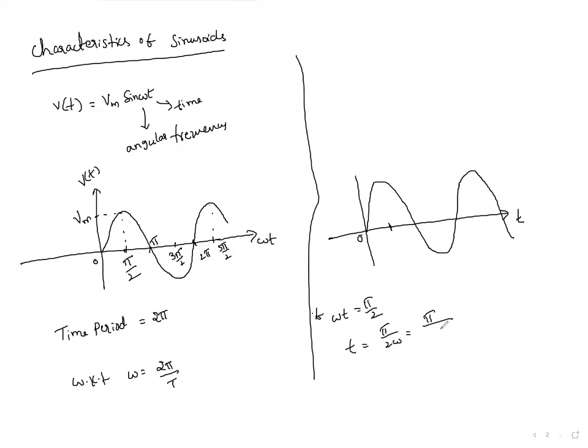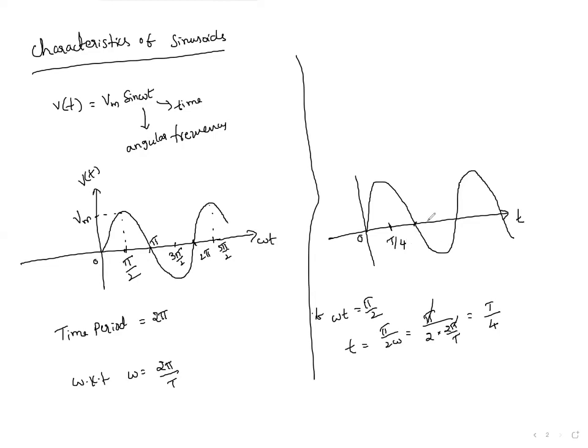Here omega is equal to 2 pi by T. Then pi cancels. It is equal to T by 4. So this is equal to T by 4.